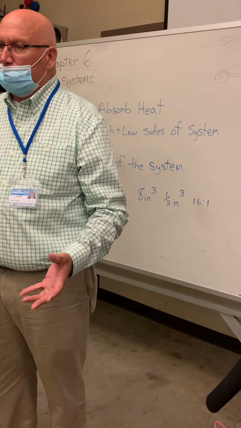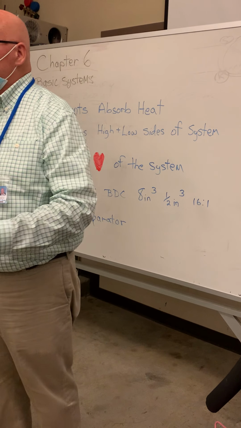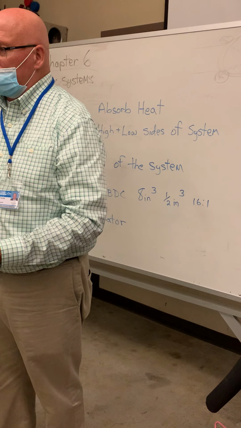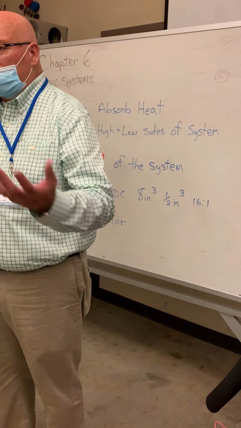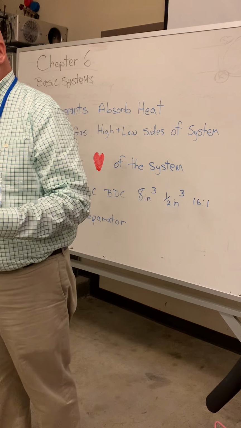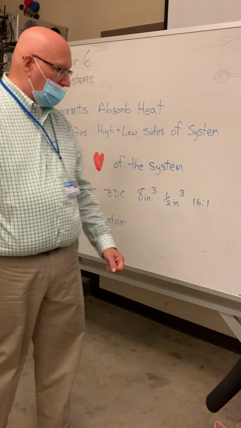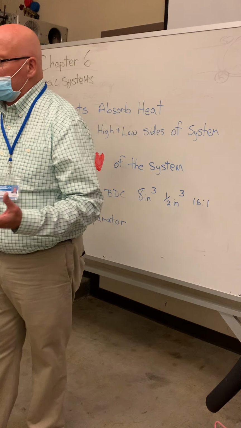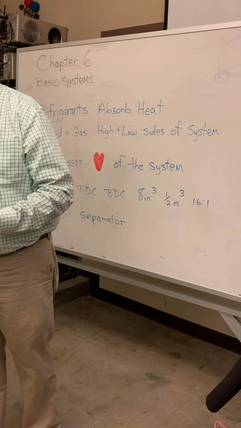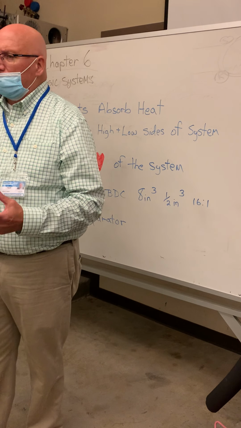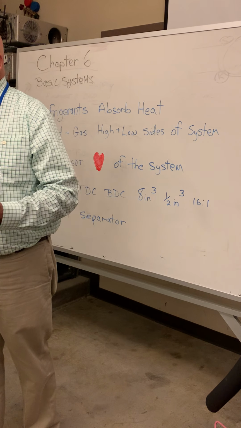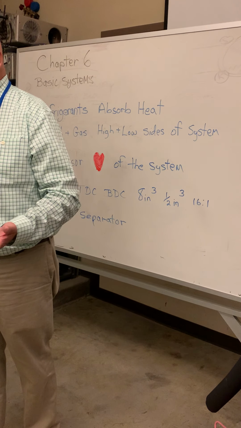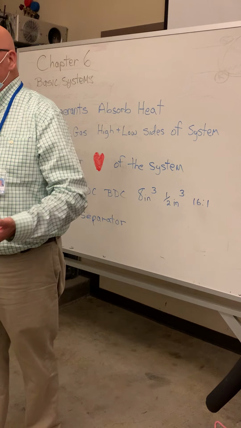And if we have less refrigerant, we have less refrigerant effect. We don't want so much oil that it acts as an insulator or that we can't absorb heat. So we put in a unit called an oil separator, and it collects the oil for us. There's an illustration in the book that'll show you what it looks like. All oil separators generally work on a practice of gravity, because oil is going to be heavier than refrigerant vapor.